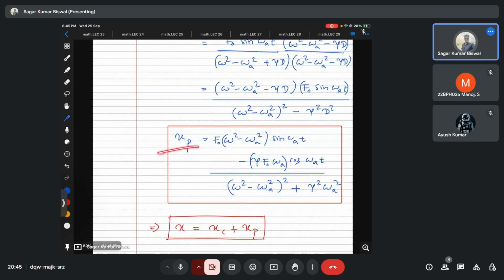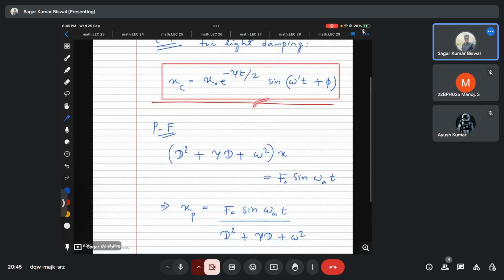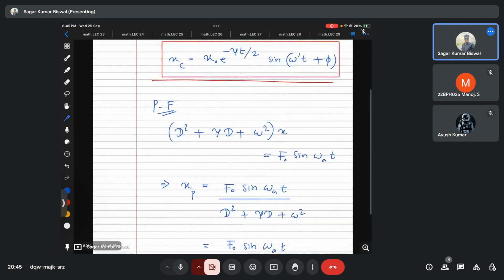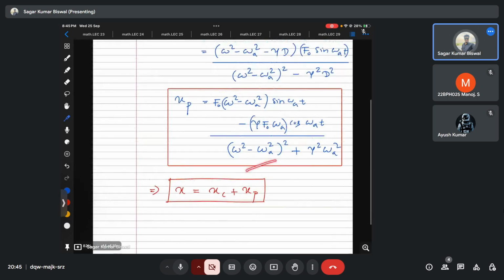So this is the particular integral, and you also have the complementary function here. The net solution will be xc plus xp, right? So this is the solution.